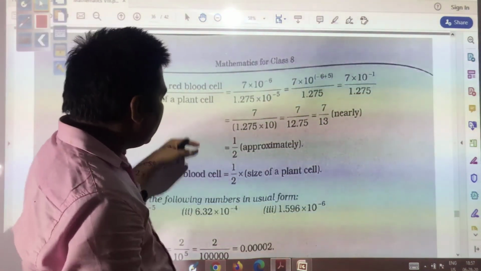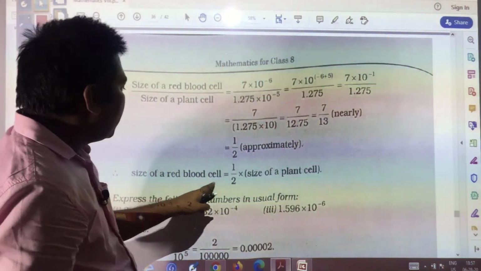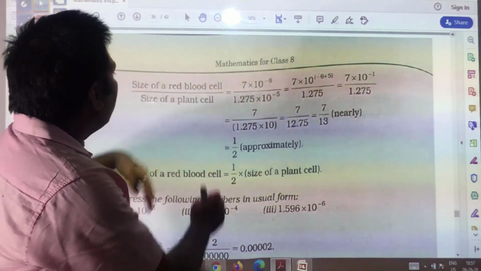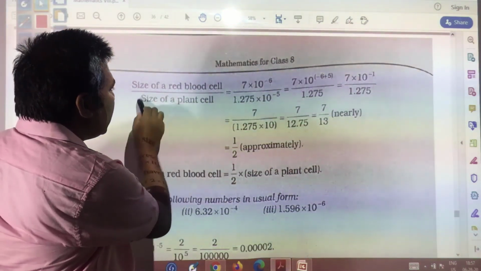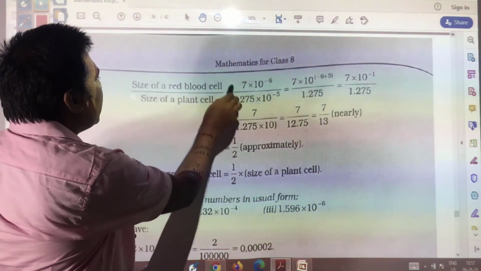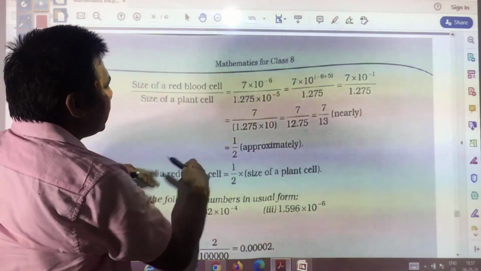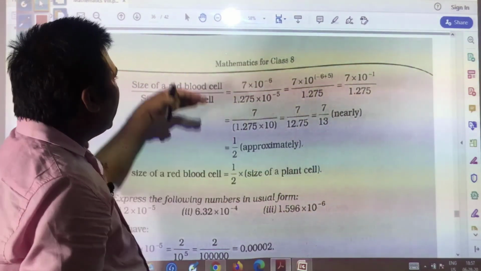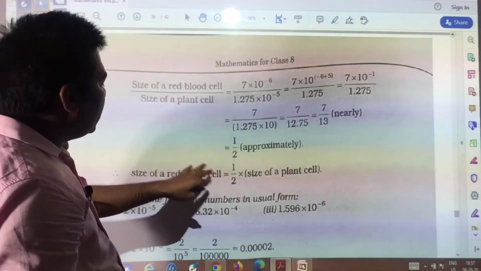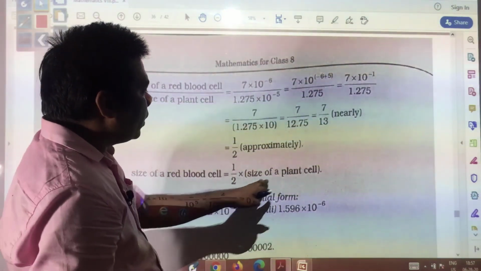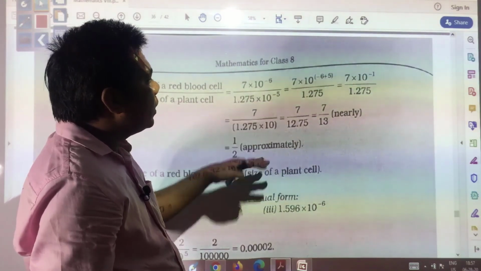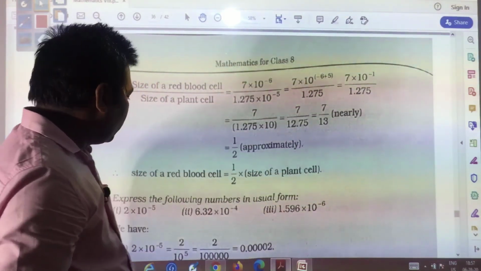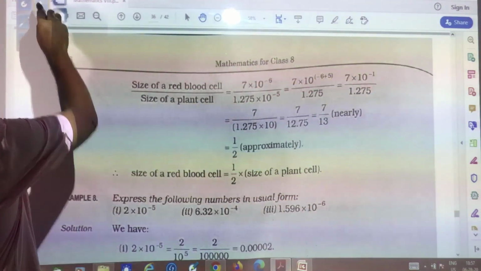If you are dividing this, it came 1 by 2. If you write size of a plant cell in the numerator and size of a red blood cell in the denominator, directly you will get 2, and just the opposite has been written. So, the size of the red blood cell is 1 by 2 the size of the plant cell.